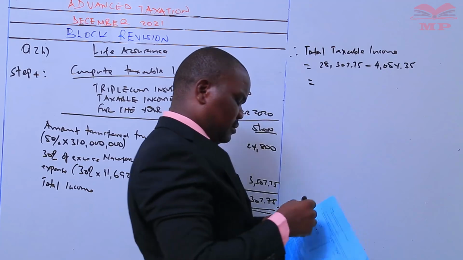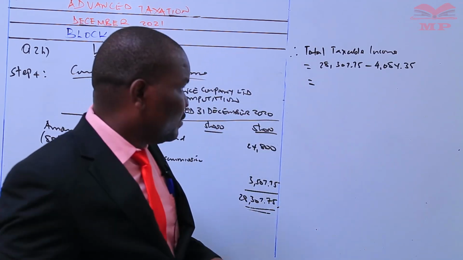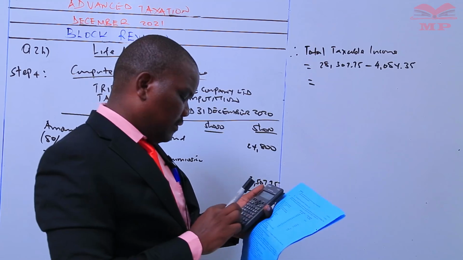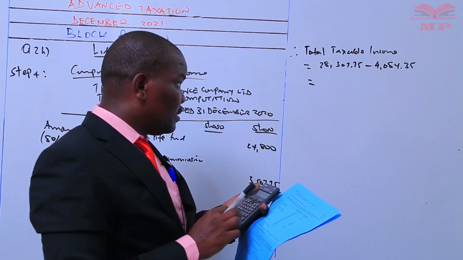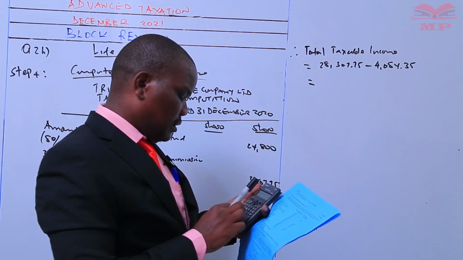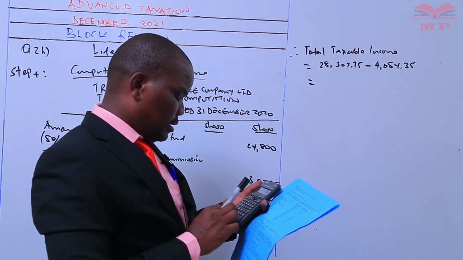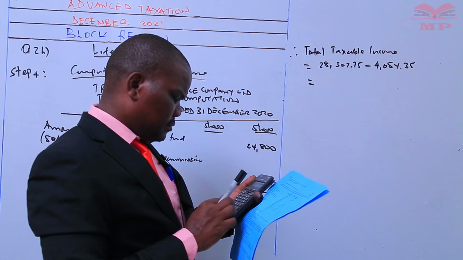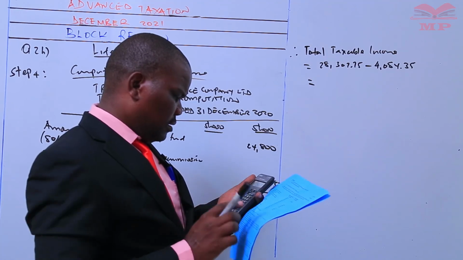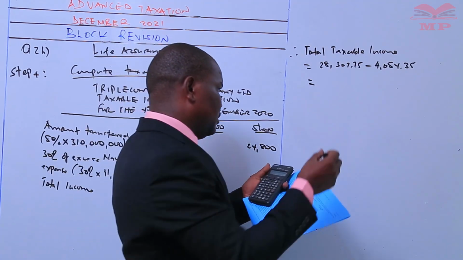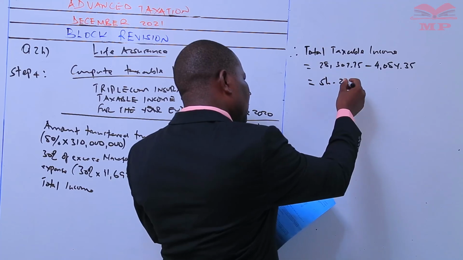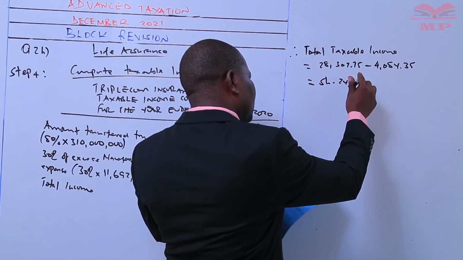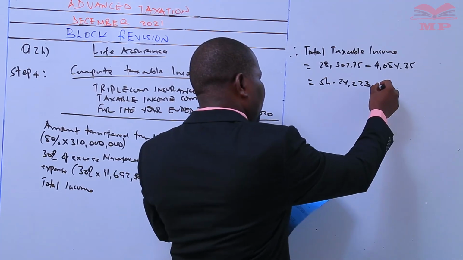So we work it out. We shall have 28,307.75 less 4,084.35. I'm getting 24,223,400.